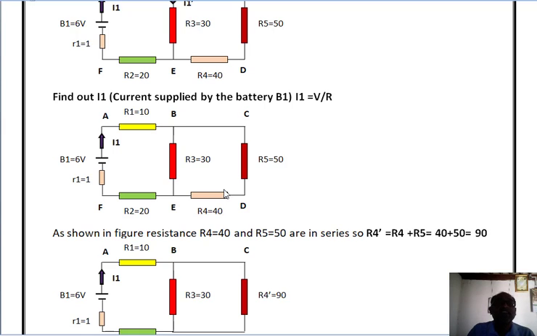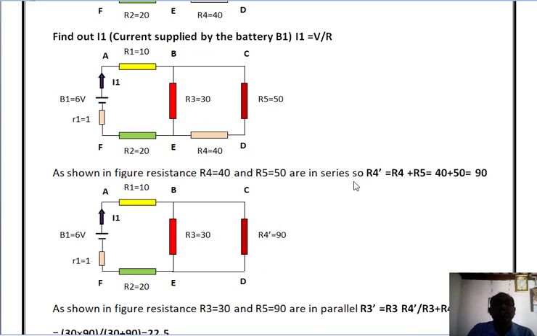Now these two resistances, the 50 ohm resistance and the 40 ohm resistance, are connected in series. So we can find their equivalent resistance. Here I am using R4 dash, which is the equivalent resistance of the 40 ohm and 50 ohm resistances.